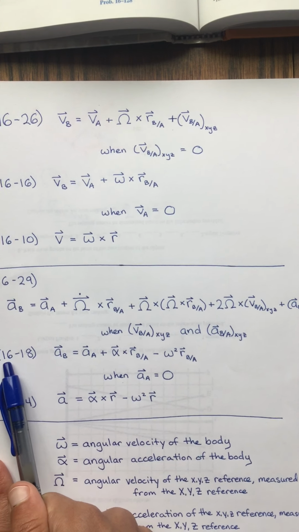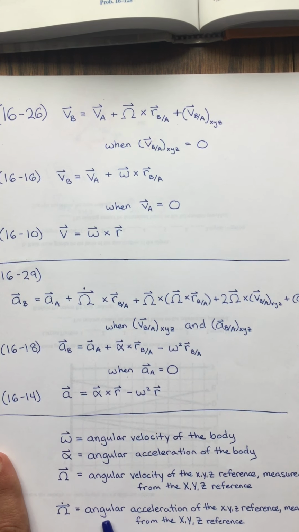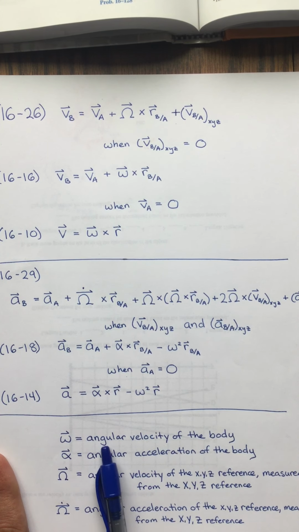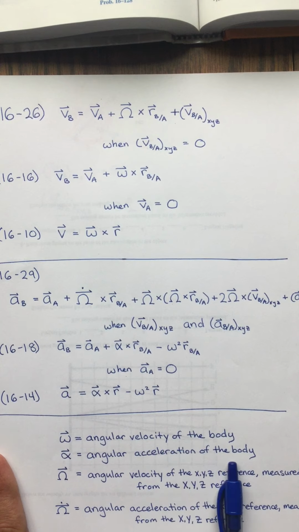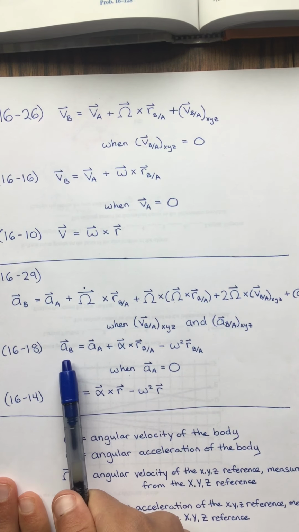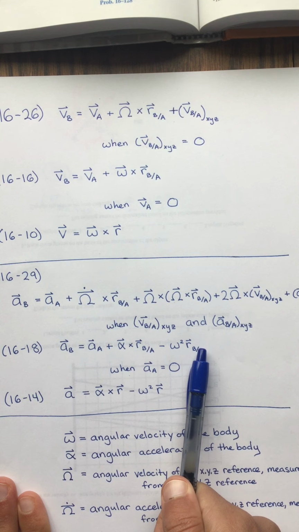That gets us equation 1618, where once again, you have to take the angular velocity and the angular acceleration and make them the angular velocity of the body and angular acceleration of the body, but you can define your coordinate system so that that is true. And then we get equation 1618.